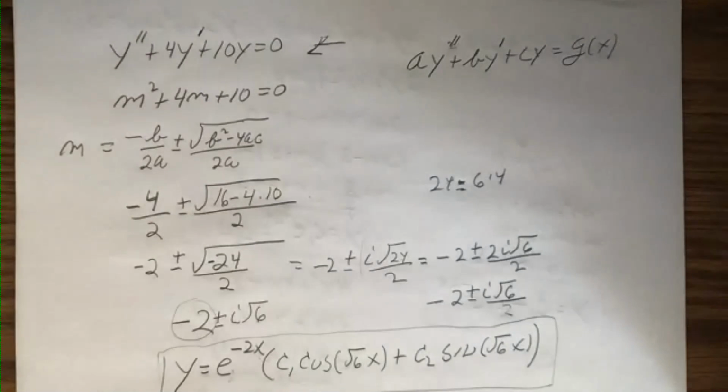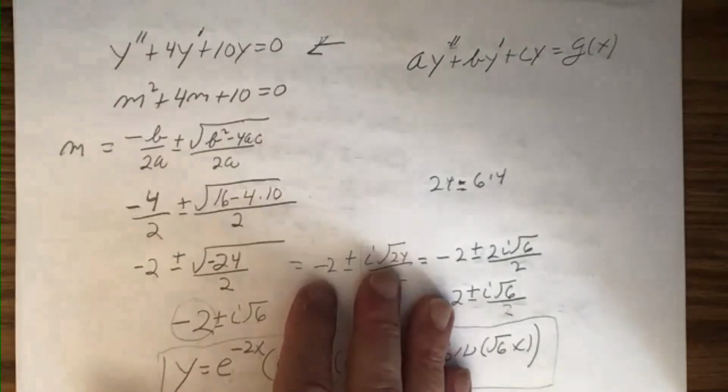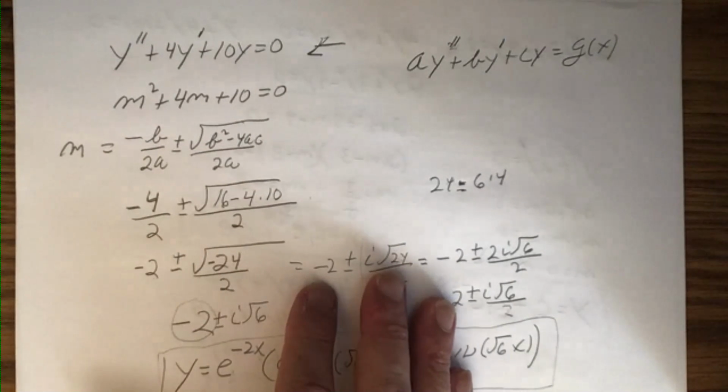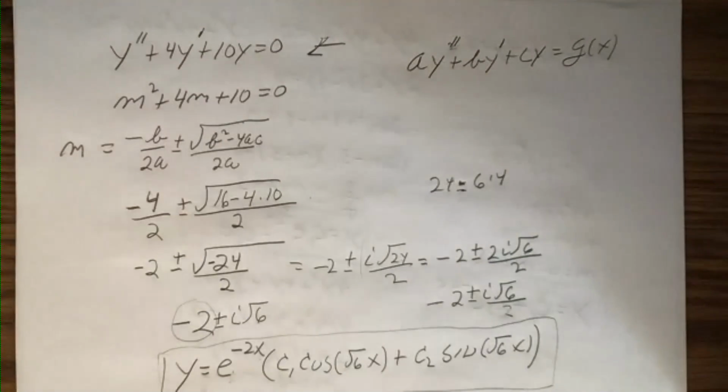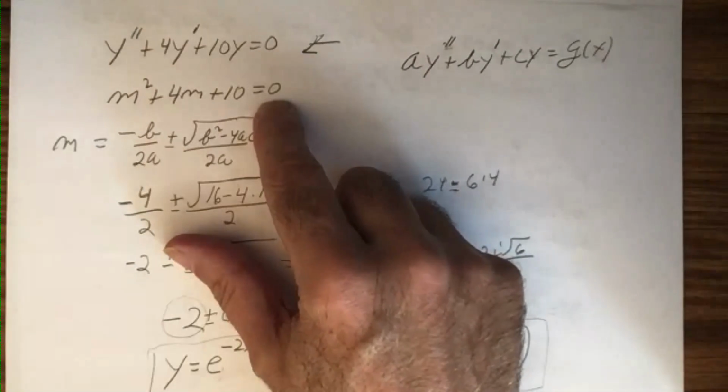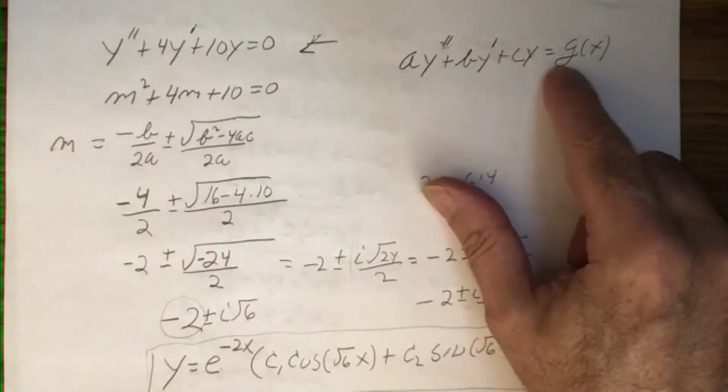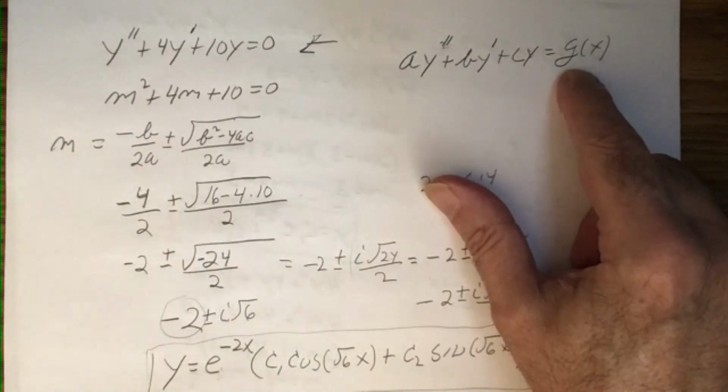Okay, I want to start looking at non-homogeneous. Now, it turns out the non-homogeneous problems can be a bit longer than the homogeneous. Remember, the homogeneous is when we set it equal to 0. The non-homogeneous is when we have some function here where it's not equal to 0.